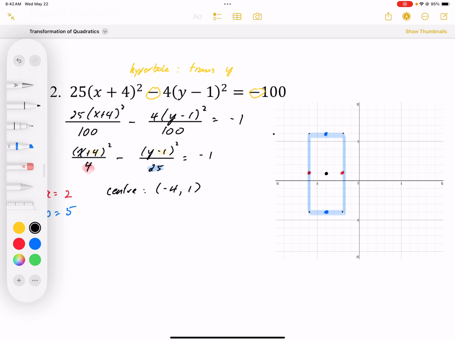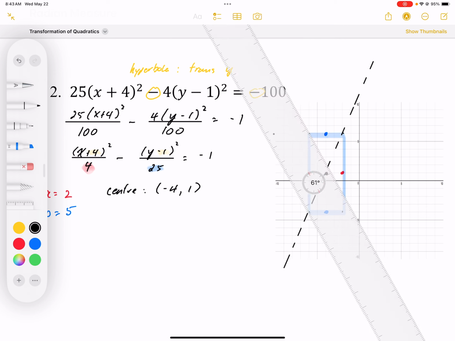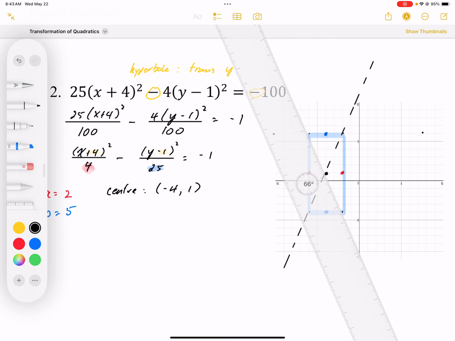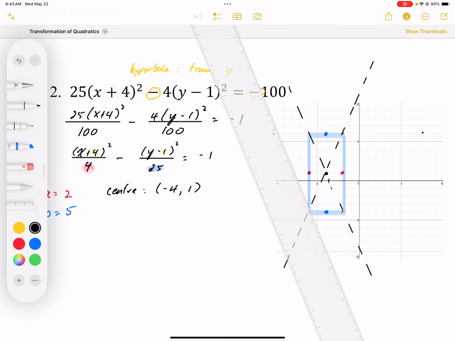I'm going to sketch in my slopes. Okay, there's one slope. Okay, so this represents my asymptotes.